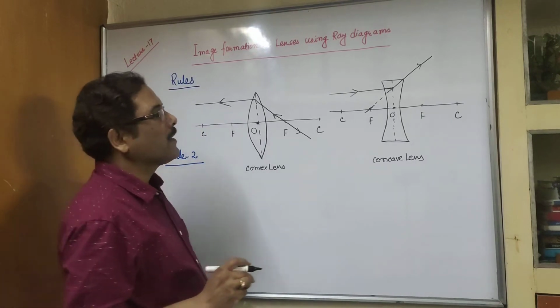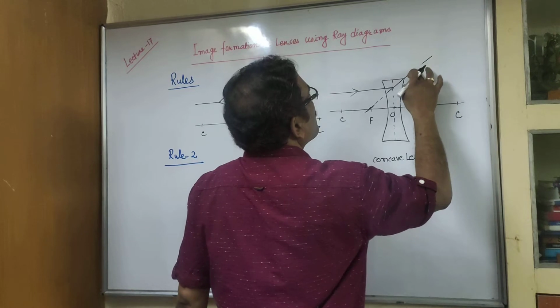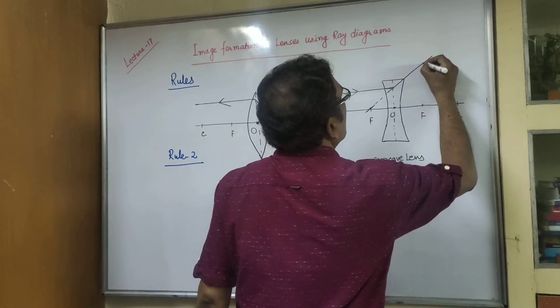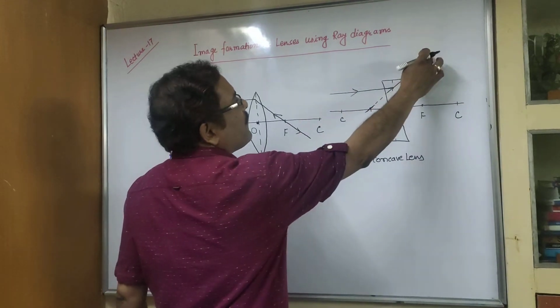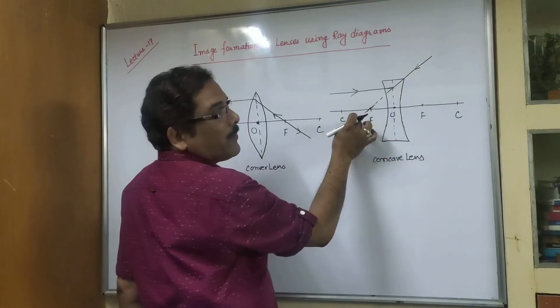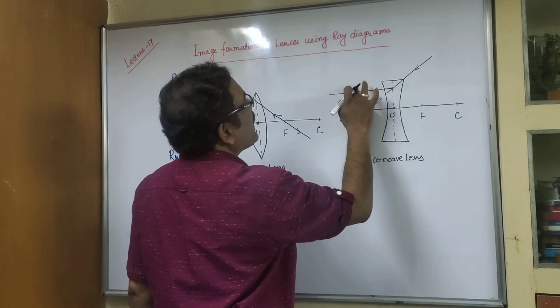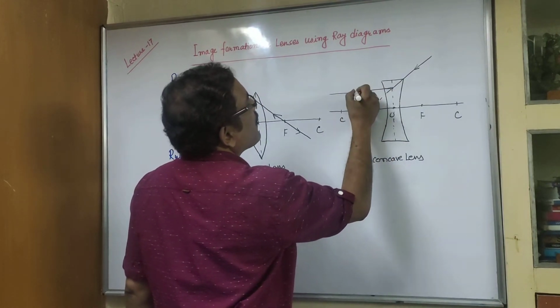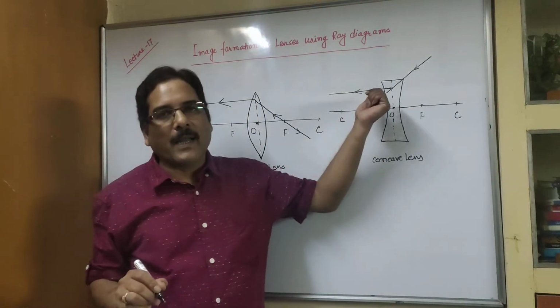Similarly, here suppose this is the ray of light. If we extend this ray, then it will pass through the focus. But due to refraction, this ray becomes parallel to the principal axis.